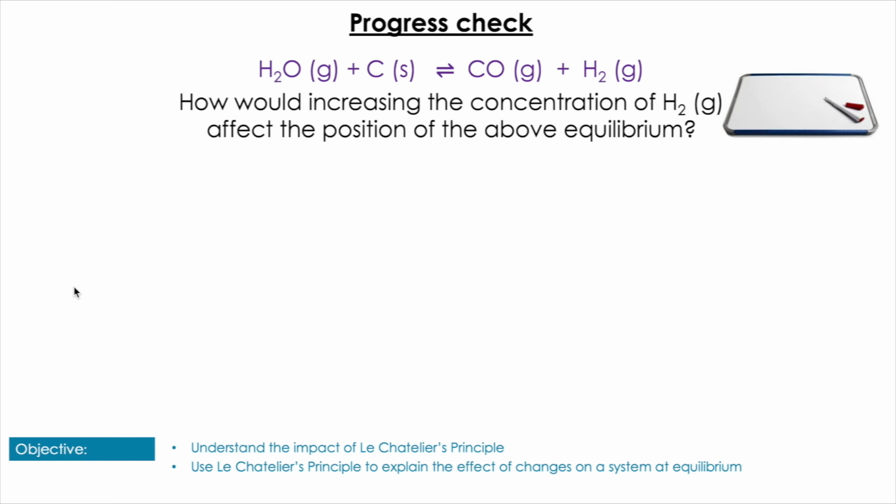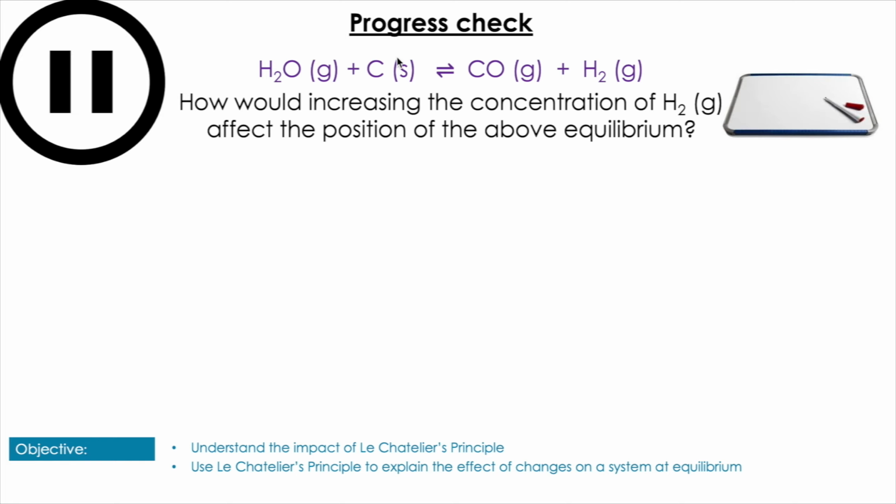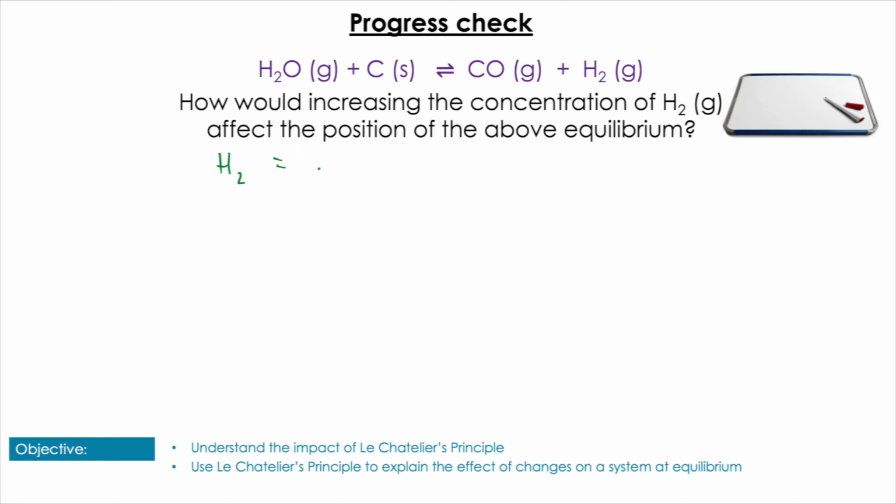So our first question is asking us, how would increasing the concentration of hydrogen gas affect the position of this equilibrium? Pause the video here to give yourself some time. Pop them up. Now, in this reaction, H2 is a product.